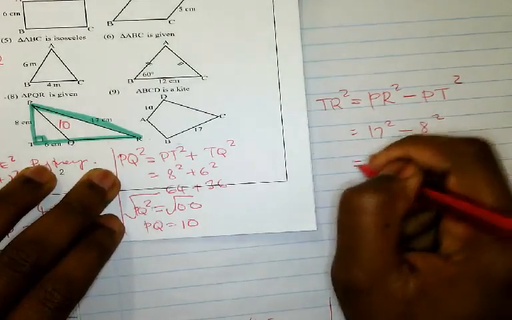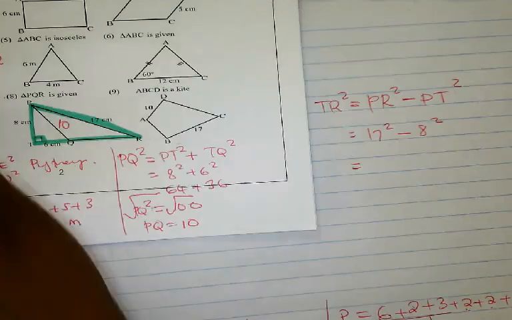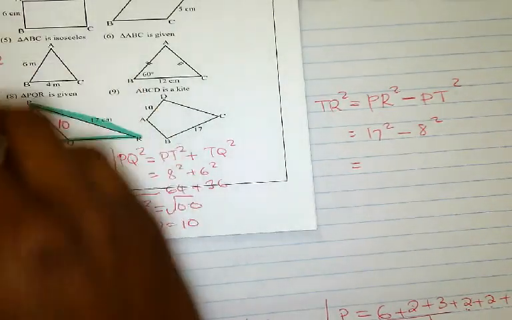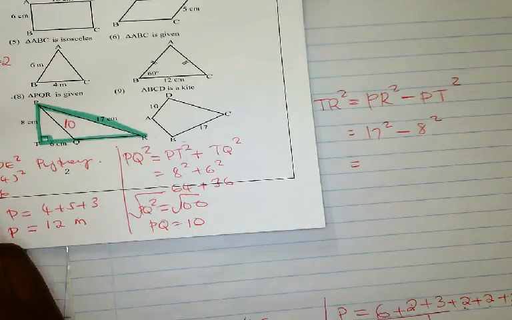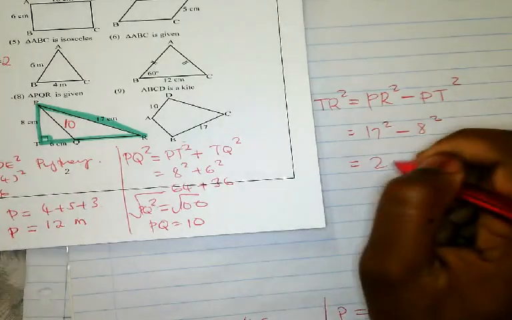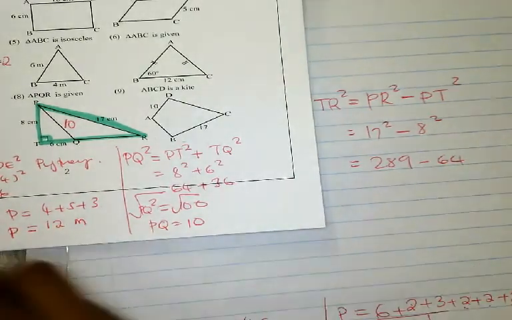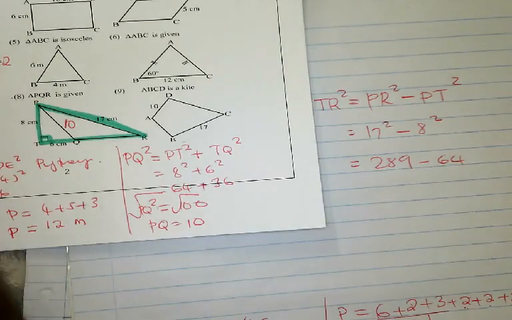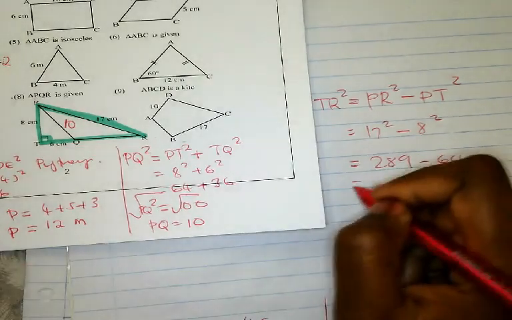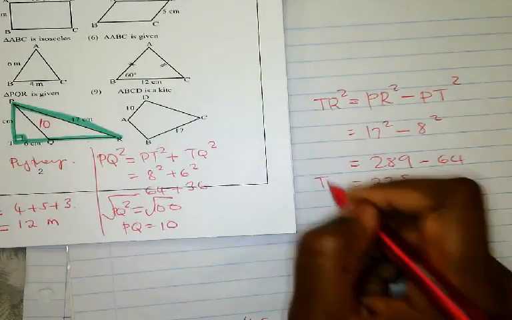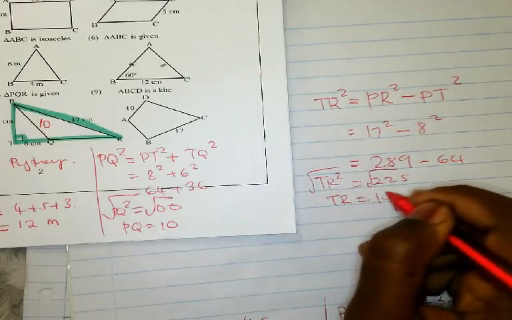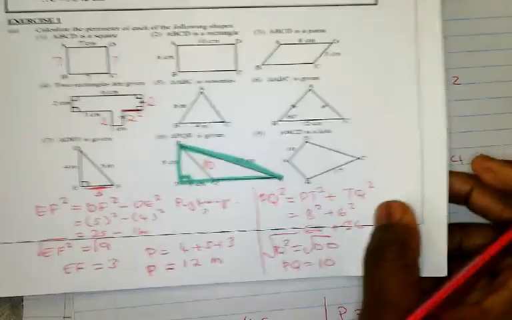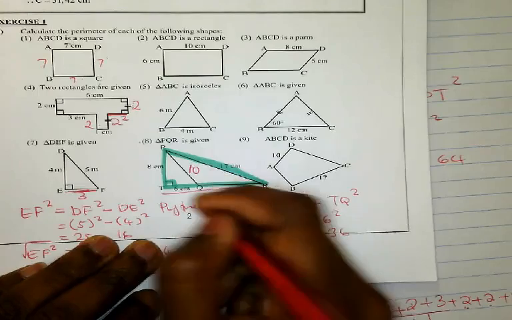Okay, we need a calculator for that one. 17 squared is 289 minus 64. 289 minus 64 gives me 225 for TR squared. Then I do the square root. TR becomes 15.